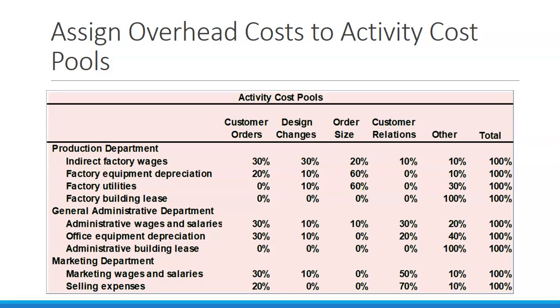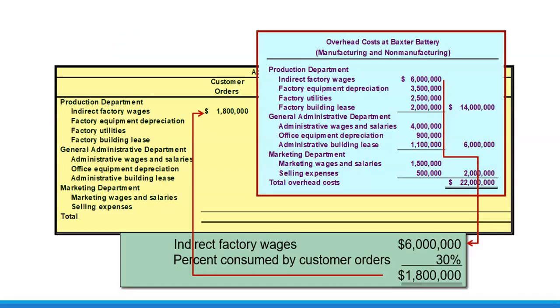So once we have these percentages broken down, we start assigning our costs to the cost pools. So we've decided that 30% of our indirect factory wages goes to customer orders. So we take the total factory wages amount times 30%. And we get 1.8 million, and that goes into factory wages.